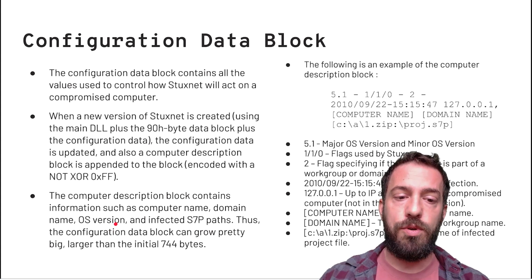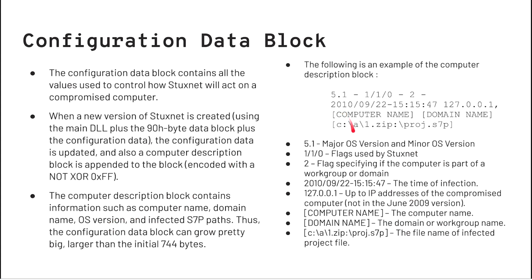This block would contain information such as the computer name, the operating system version, major and minor, specific flags used by Stuxnet, and a flag specifying if the computer is part of a workgroup or domain. Stuxnet would also record the time of infection, as we saw in the previous video, compile time to infection time. Stuxnet wanted to know exactly when infection happened, so they understand how much time it took to propagate further.